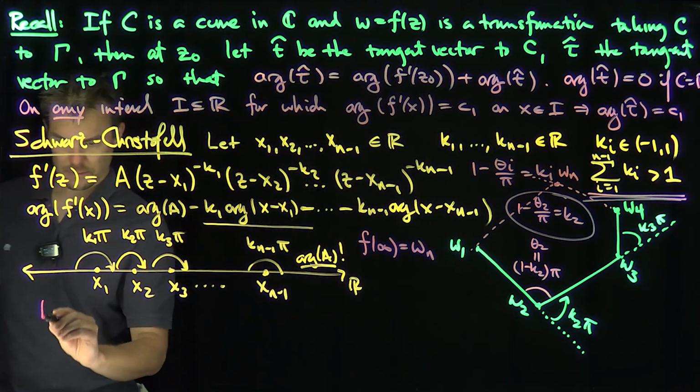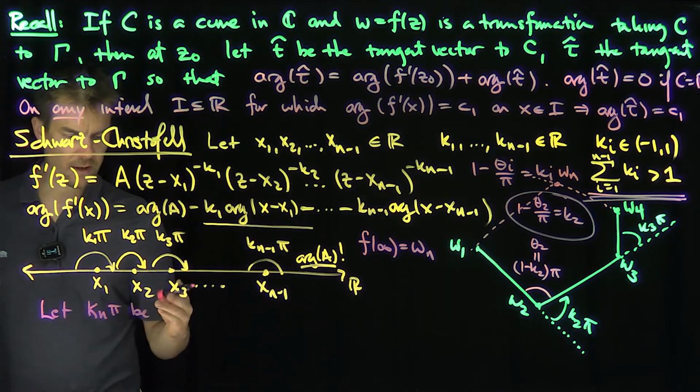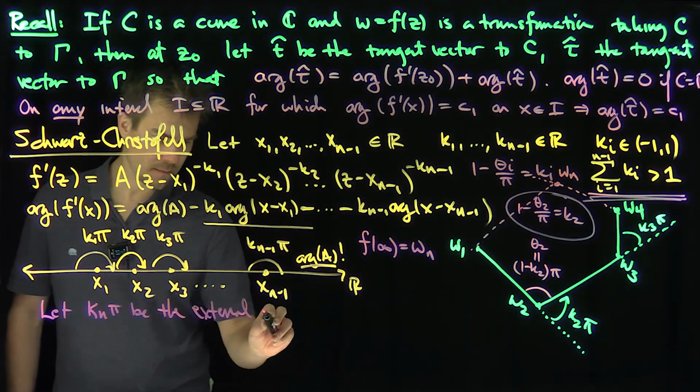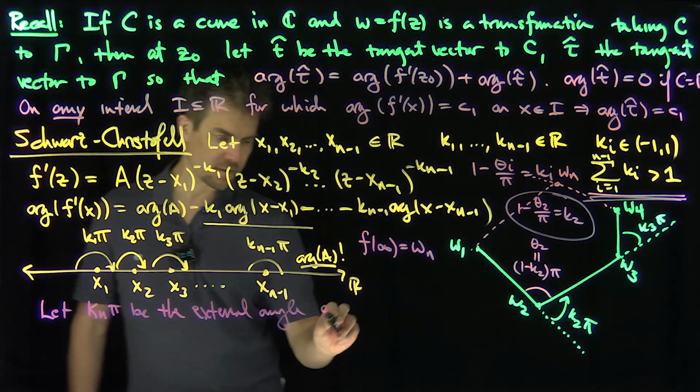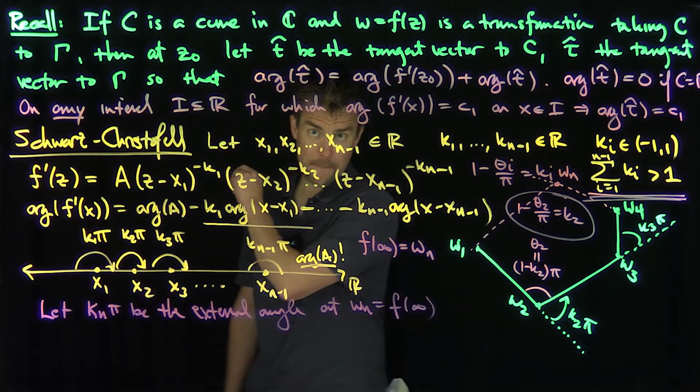Let k_n pi be the external angle at Wn, which is f of infinity. Okay?